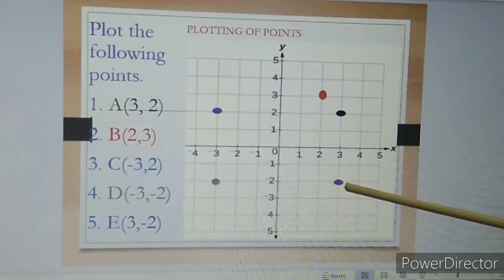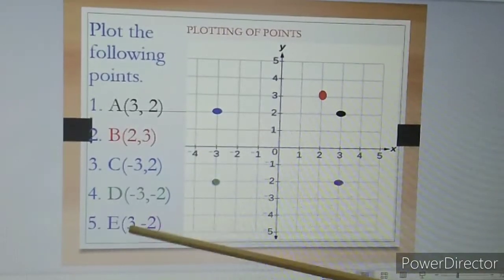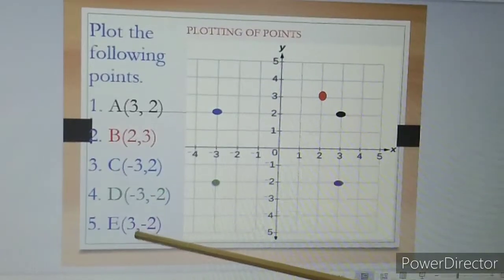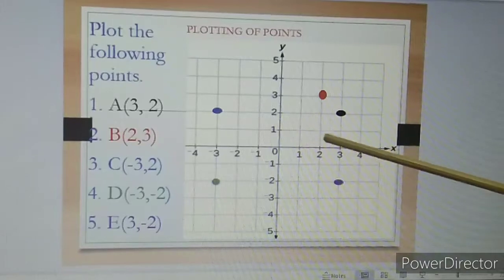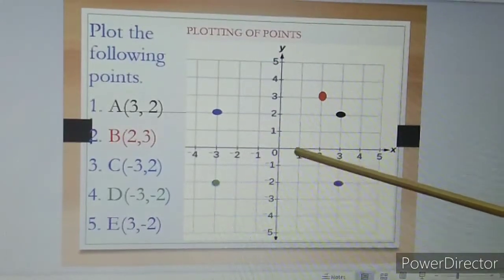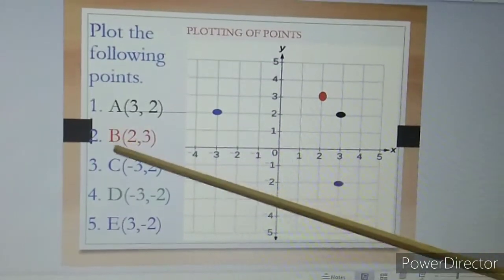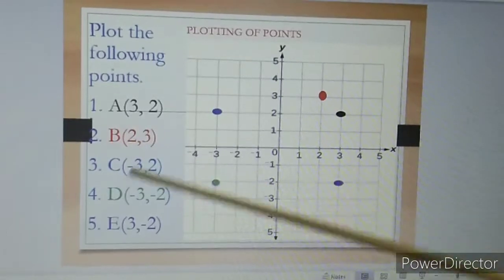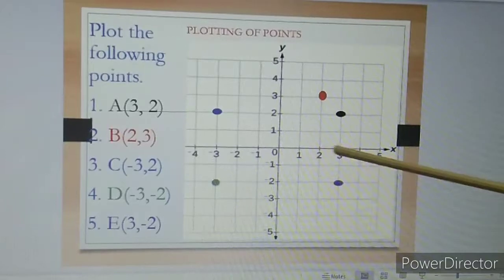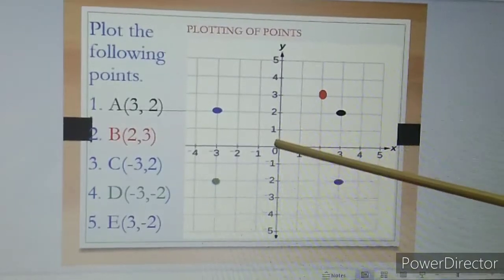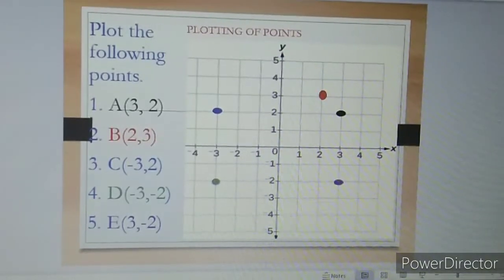So this point represents point E, which is 3, negative 2. As you can observe, in plotting points, we will always start at the first number. So we move left or right before going up or down.